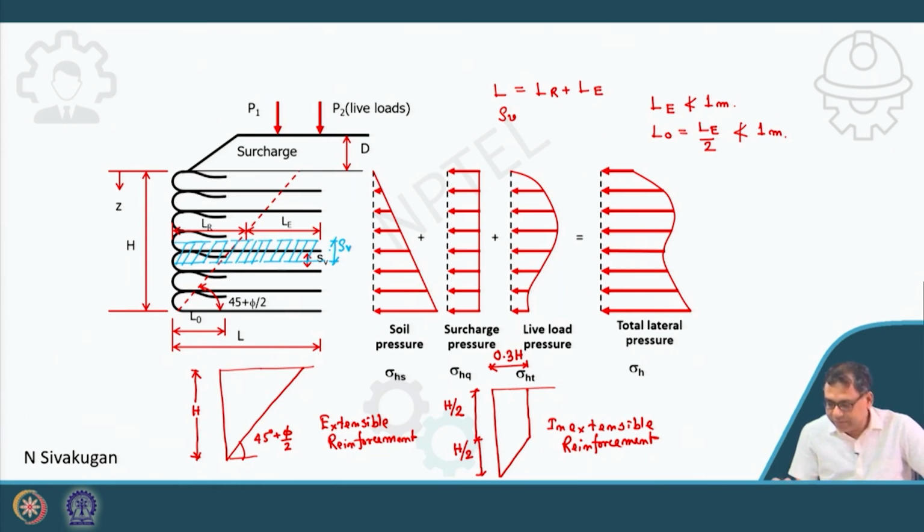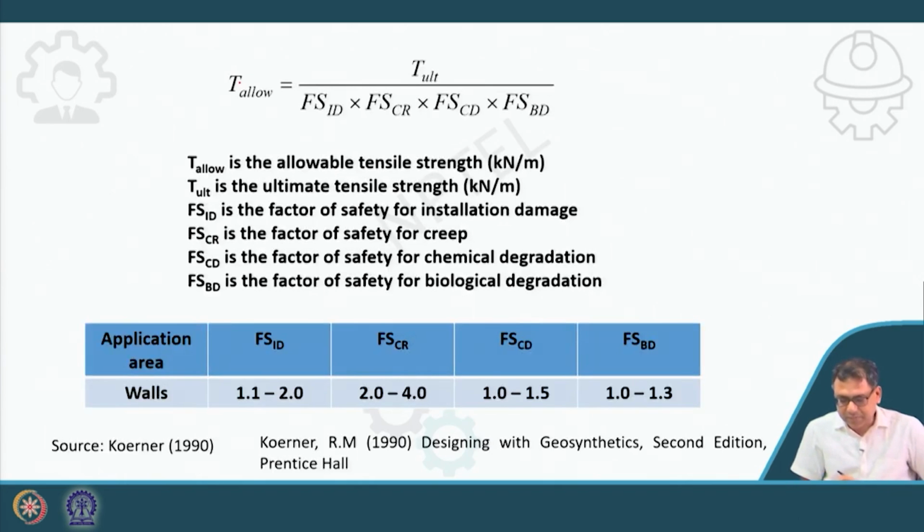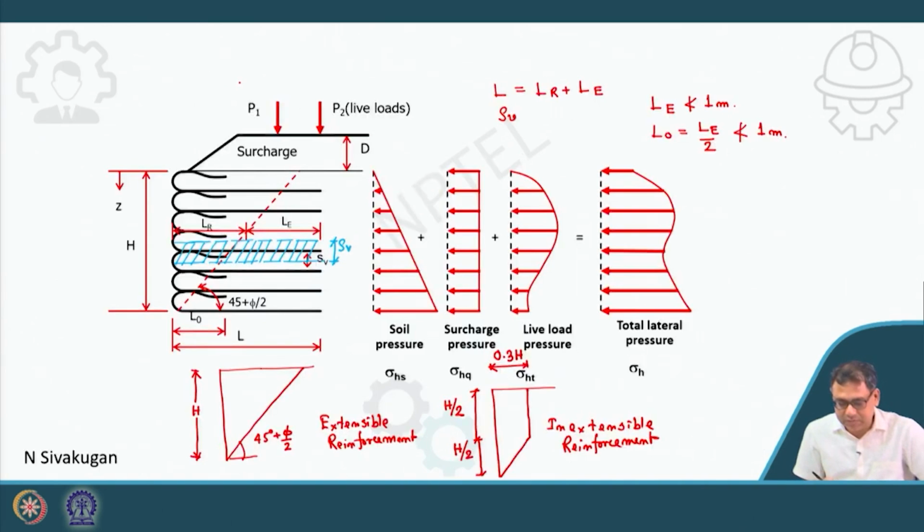So now, if T allowable is the allowable tensile strength of the reinforcement, then, as I mentioned, the soil is giving the lateral stress.